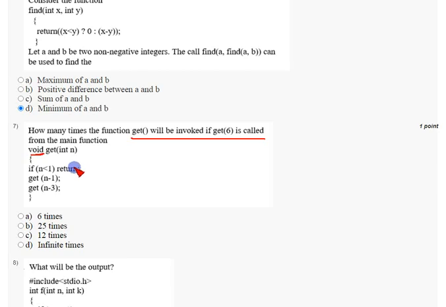It means the return starts the iteration again. If you see int 6, 6 less than 1 is false and it again goes to return. So the loop continues infinitely. So I hope the answer for this is infinite times, option D.